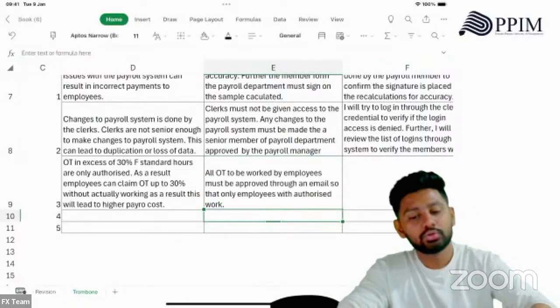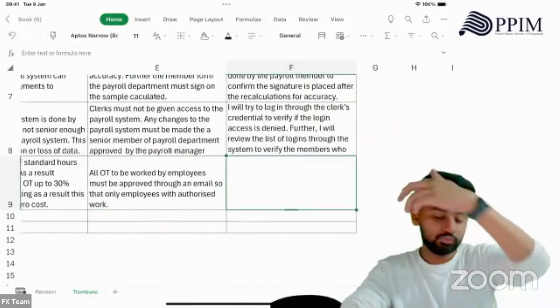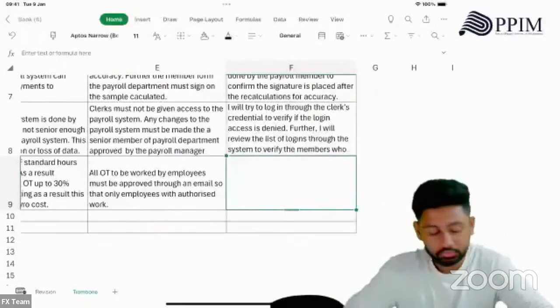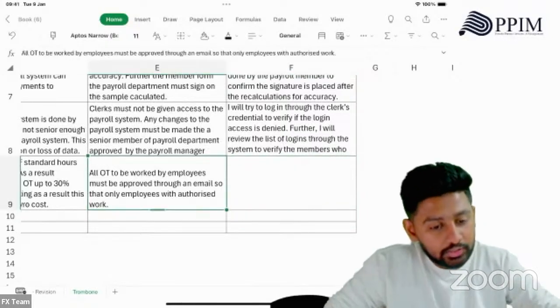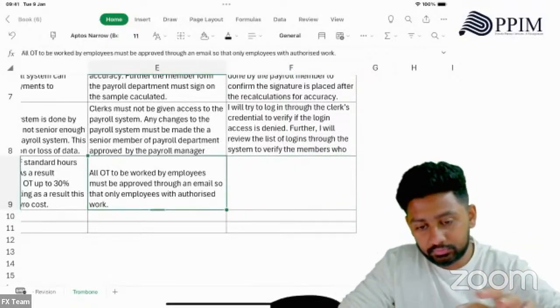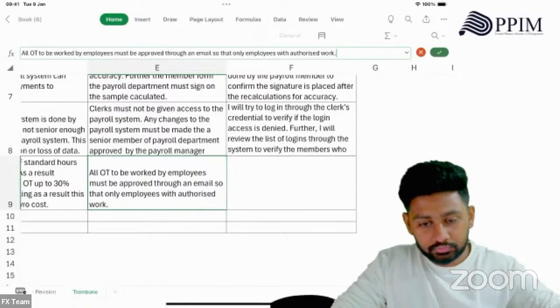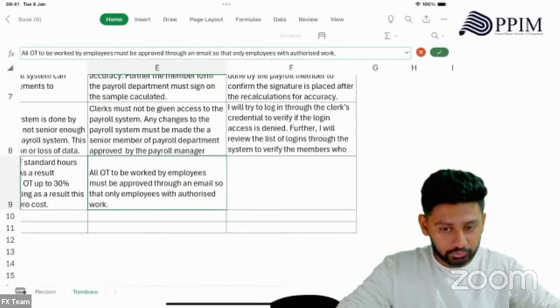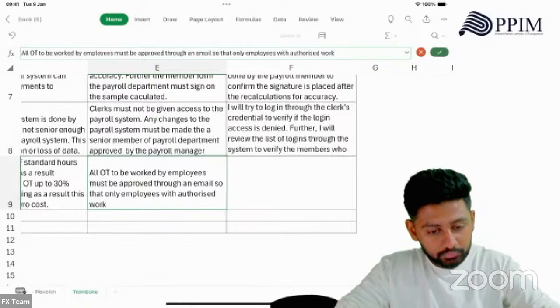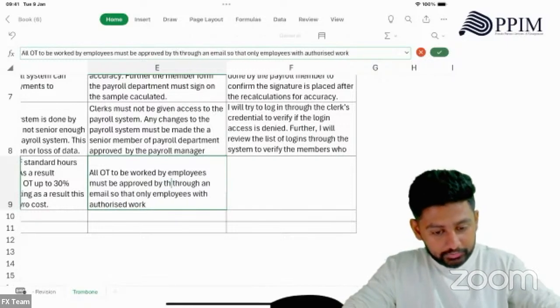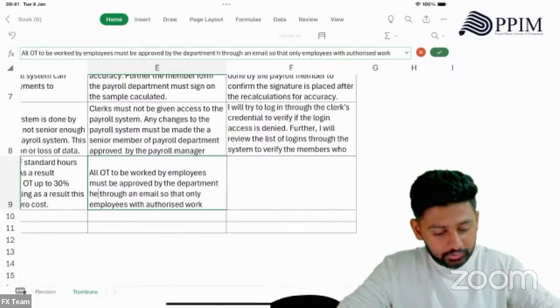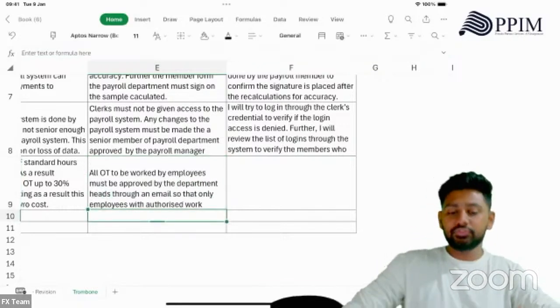Everyone should be confirmed through an email. Are we clear? So who does it? The department heads do it. All OT to be worked by employees must be approved by the department heads through an email so that they can work.